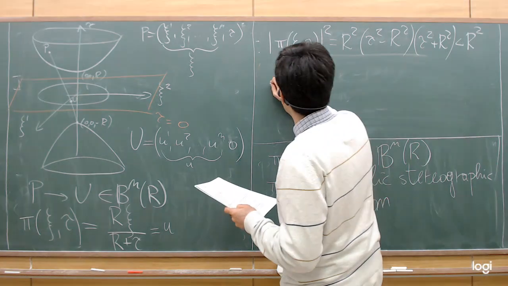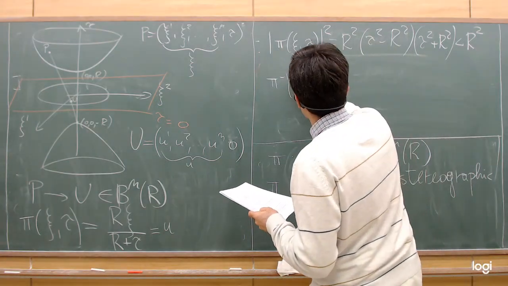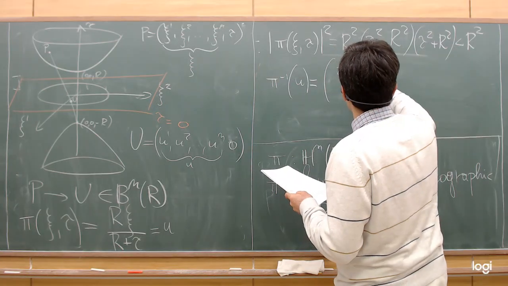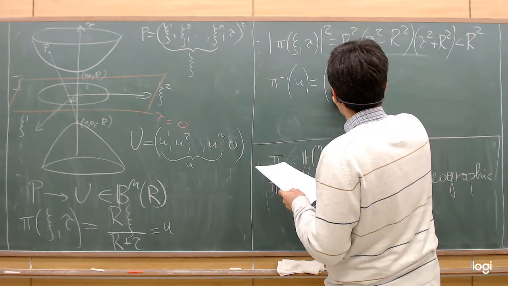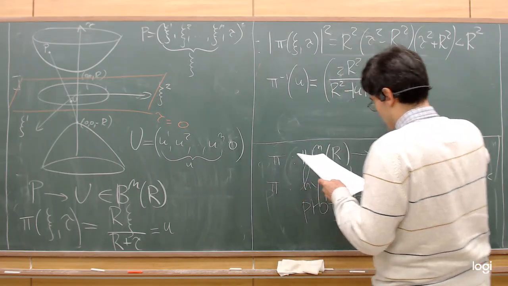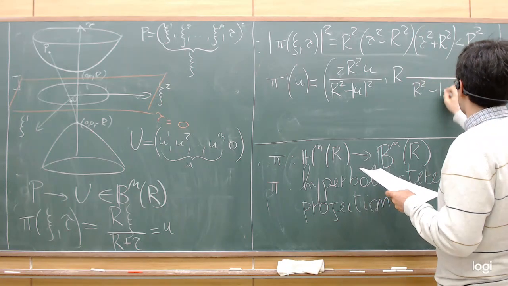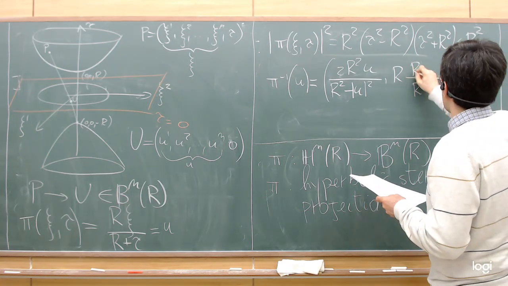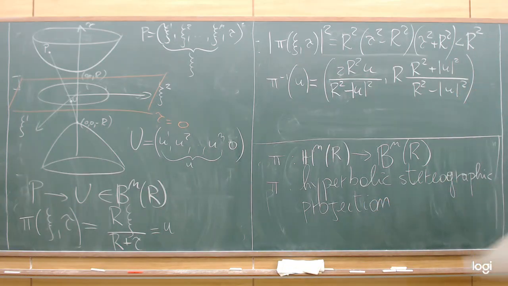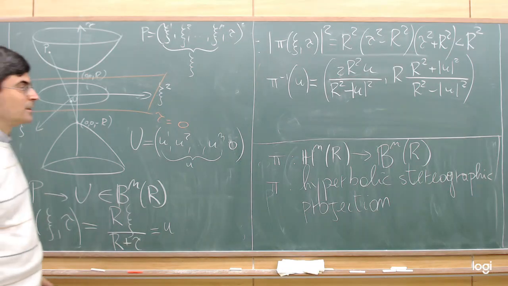And you can prove that the inverse has the following formula. Both pi and pi inverse are smooth maps.